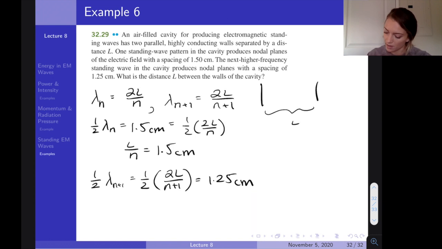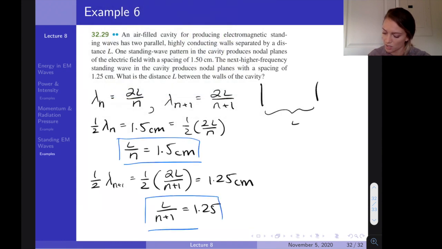So what you have to do now, we see our 2's cancel, so we have L over N plus 1 is equal to 1.25. So we have this equation and this equation, and you have 2 unknowns and 2 equations, right, L and N. So you can get rid of N and just solve for L. And I'm not going to go through the algebra for that here, but when I upload my full notes, I'll put all the algebra in for solving for L. So for now, because we're probably going a little bit over, I'll just give you the answer.